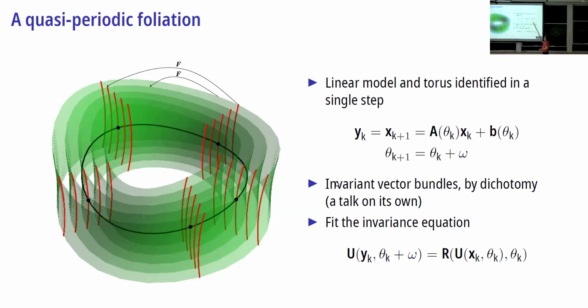And the vector bundles can then be calculated from this parameter-dependent matrix. And once you have figured out those invariant vector bundles, you can then solve the invariance equation.